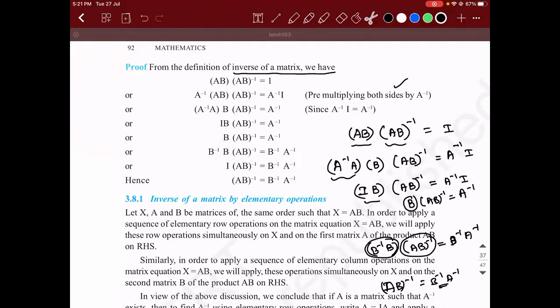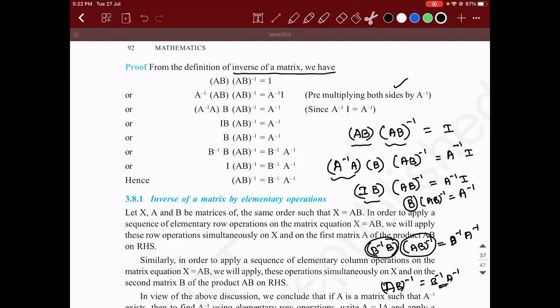Yeah, please write it. If there is any doubt, do let me know.